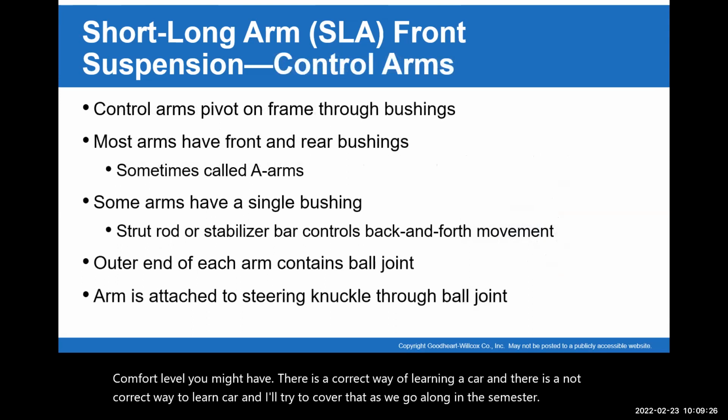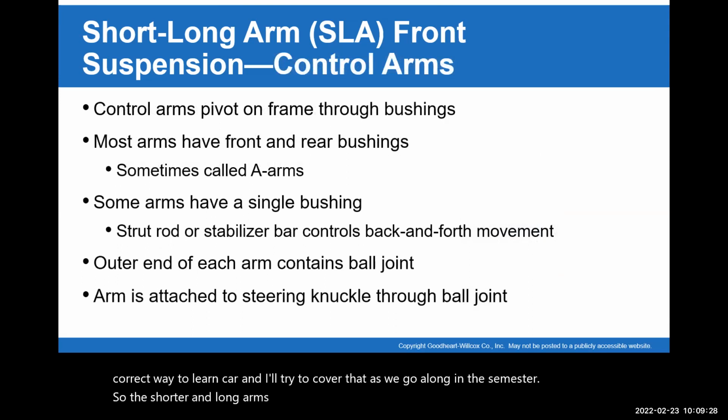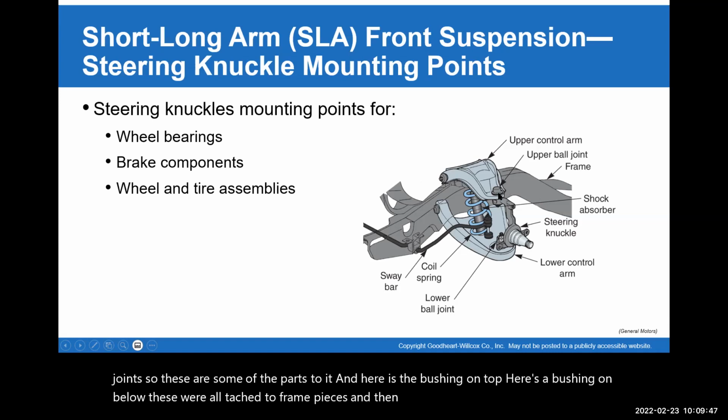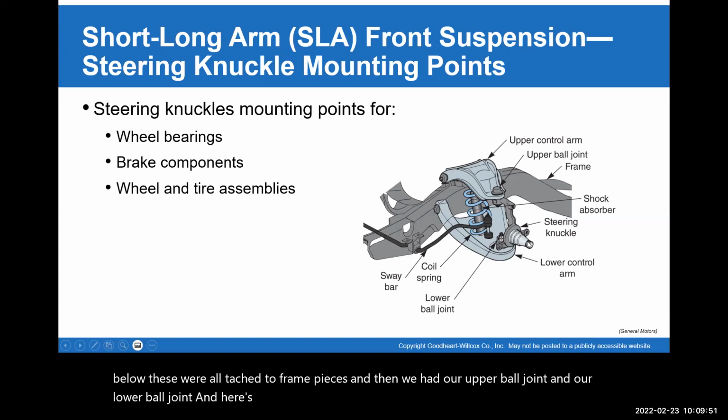So the short arm, long arm systems had bushings in the arms. They also had the ball joints. So these are some of the parts. Here is the bushing on top, and here's a bushing below. These were all attached to frame pieces. And then we had our upper ball joint and our lower ball joint. And here's your steering knuckle, which is connected to the wheels, the brake systems, and the bearings.